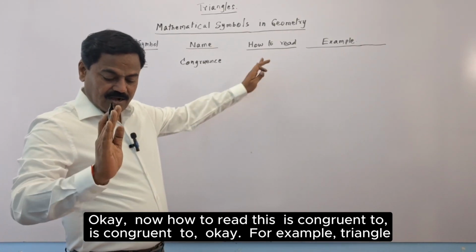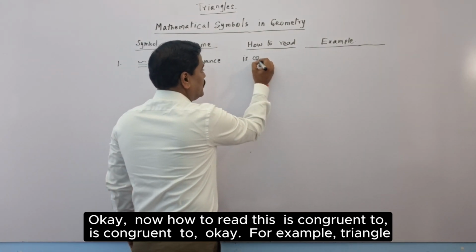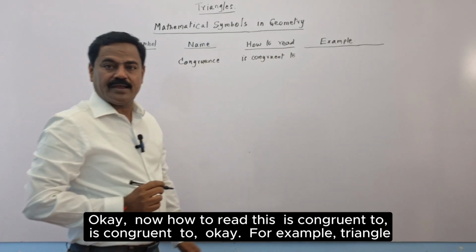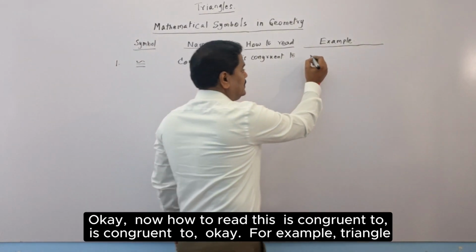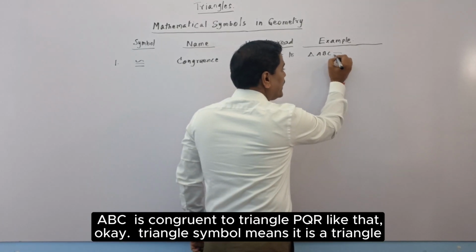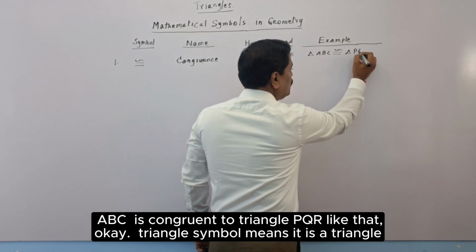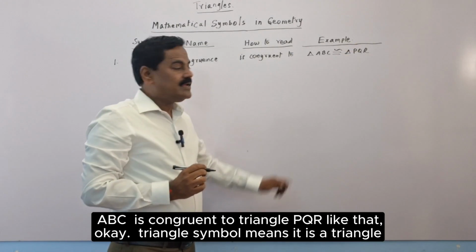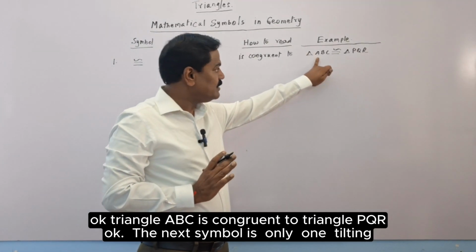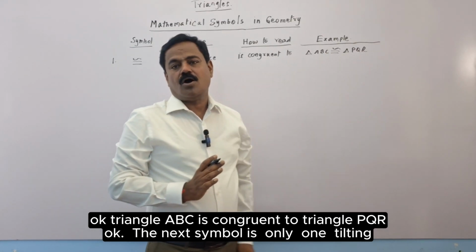Is congruent to. For example, triangle ABC is congruent to triangle PQR. This triangle symbol means it's a triangle. Triangle ABC is congruent to triangle PQR.